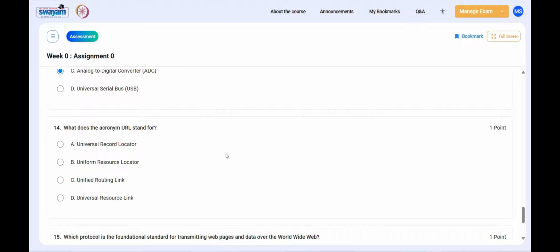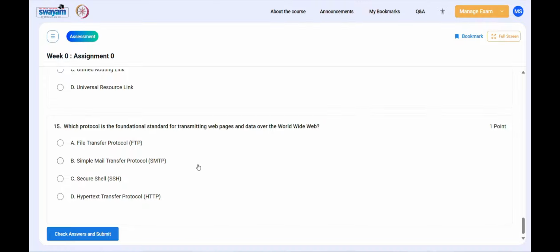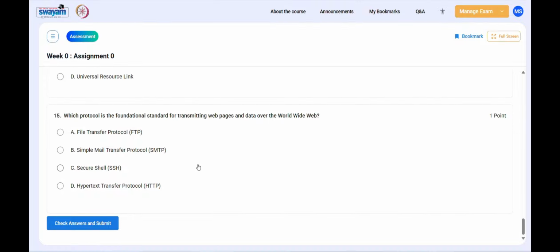The acronym URL stands for Uniform Resource Locator. And which protocol is the foundational standard for transmitting web pages and data over the World Wide Web? Option D is correct, Hypertext Transfer Protocol.